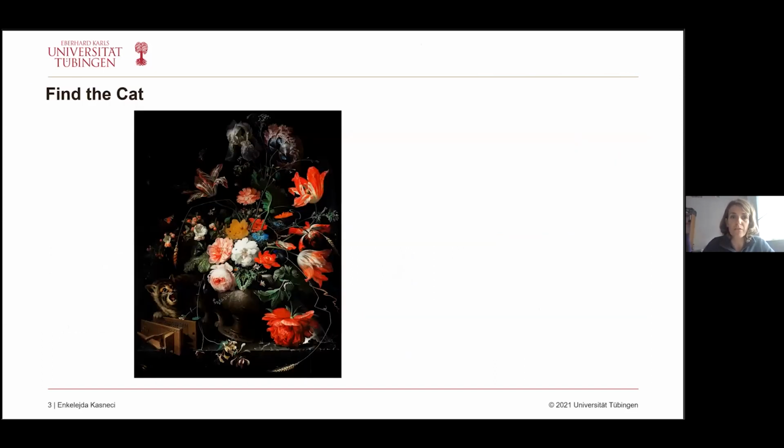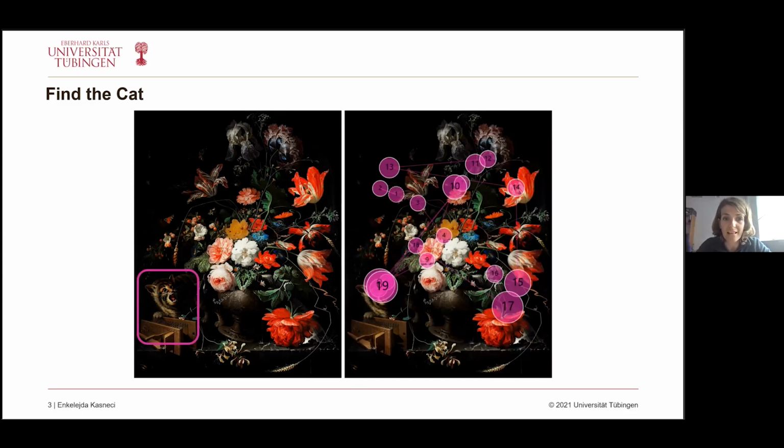Just to give you a bit of an idea why this is the case, and for those of you in the audience who are not familiar with the concept of the visual scan path and visual search behavior, let's do a very nice task. If I ask you to find the cat in this image, I guess after some search, you'd probably see that the cat is at the left corner of the image.